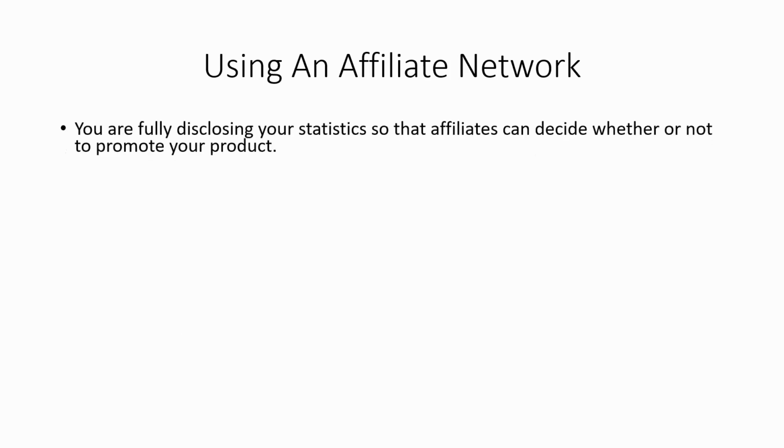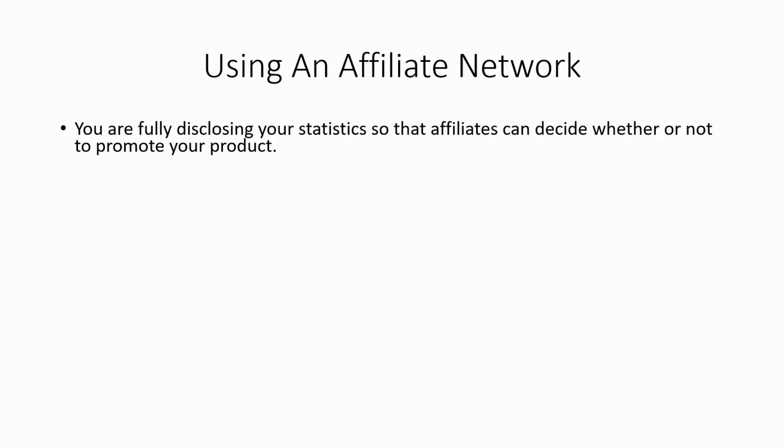Okay, one of the things about using an affiliate network is that you are fully disclosing your statistics, right? If what you're trying to do is make sure that your affiliates see how well your product is selling, because that is how they're going to determine whether or not they're going to promote your product, right?